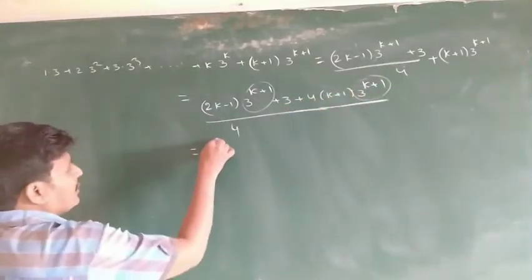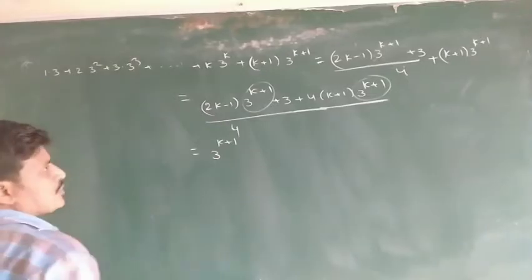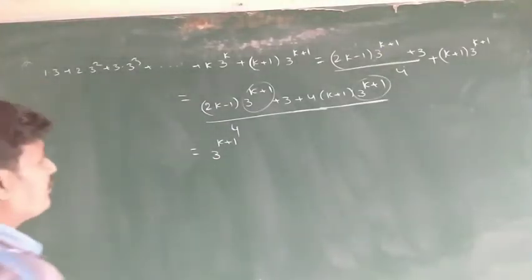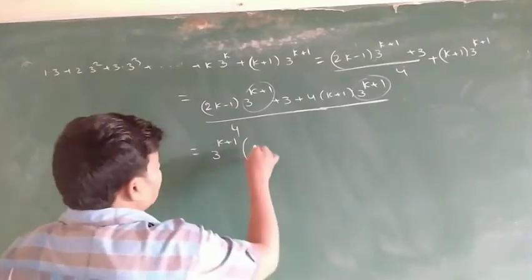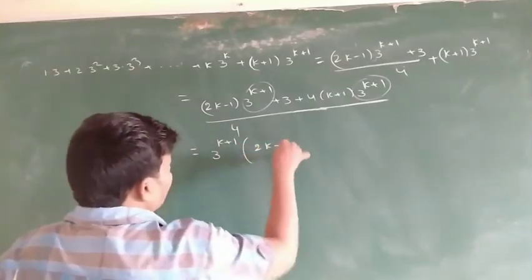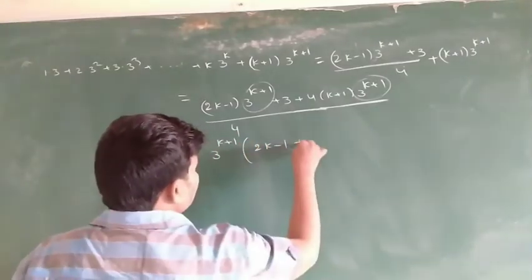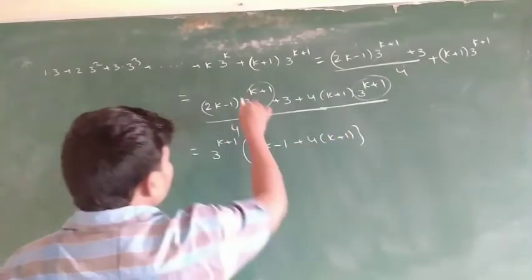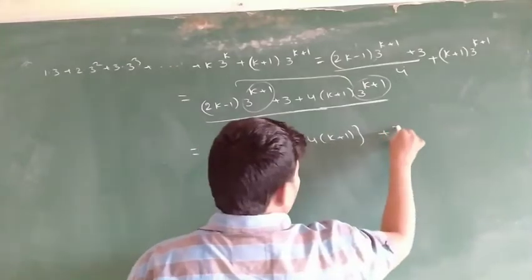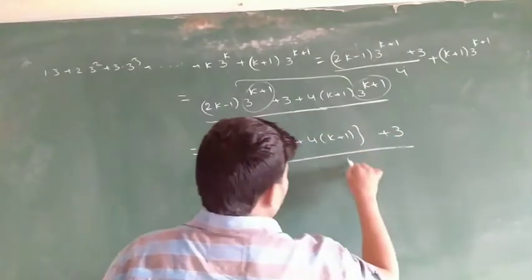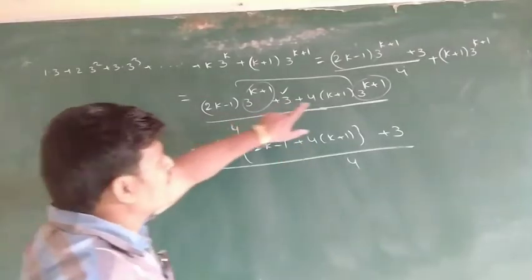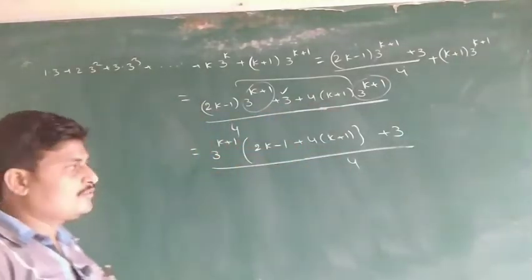So take 3 power k plus 1 common. Common 3 power k plus 1 means 2k minus 1 plus 4 into k plus 1, only these two terms. Separate the 3 by 4; take common only from the two terms.